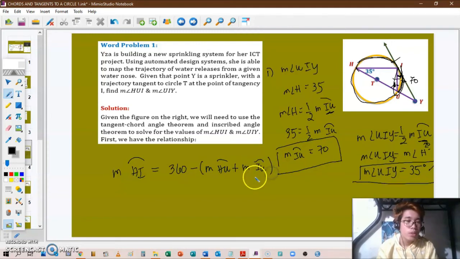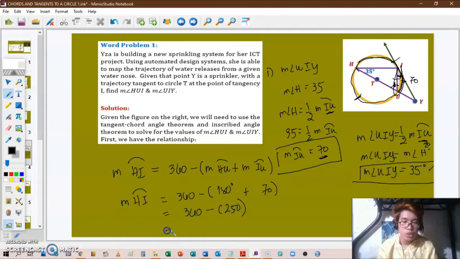We know that the measure of arc HU is equal to 180 degrees, since again this is a semicircle, and the measure of arc IU is equal to 70 degrees. We can now solve for the value of arc HI. This will give us 360 minus 250, which is equal to 110 degrees. So this is the measurement of arc HI, 110 degrees.